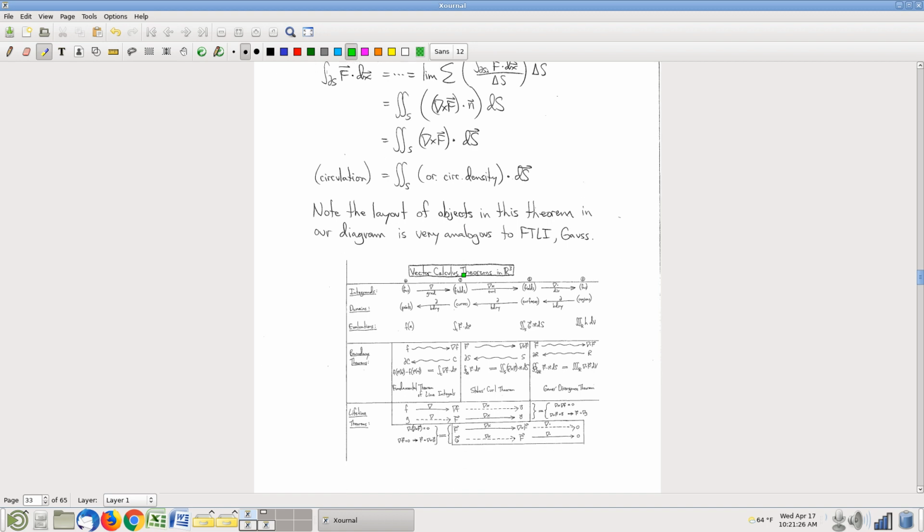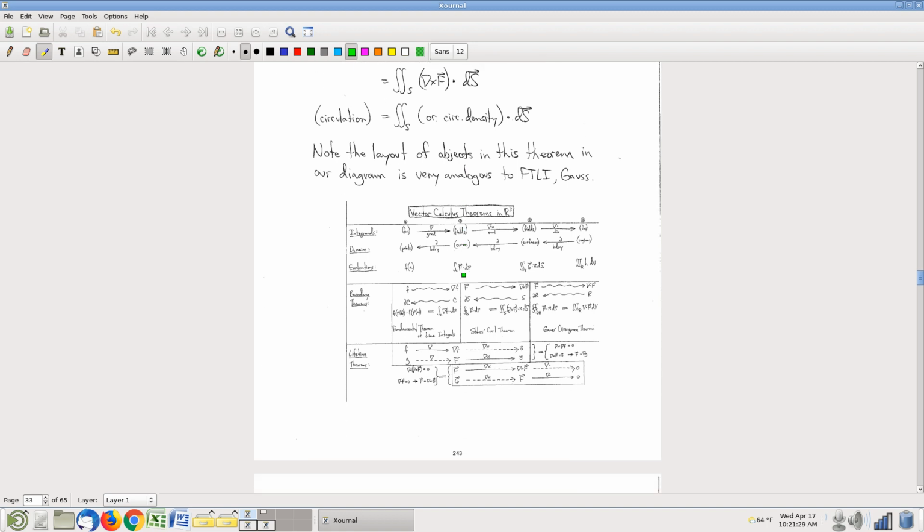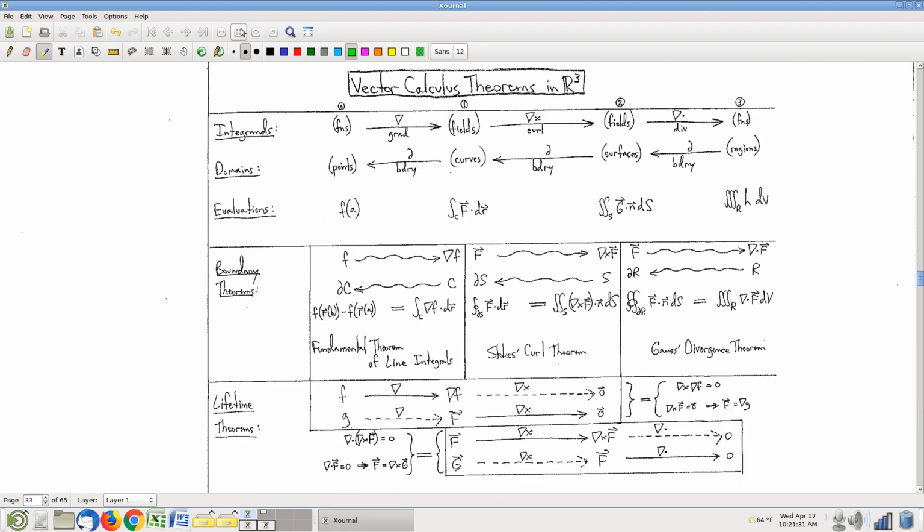Reminder again, we're talking about a pattern that continues to hold on this diagram. The fundamental theorem of line integrals says if you have a curve and you look at the boundary points, you have a function and you look at the gradient field, then that evaluation and that evaluation are the same. Gauss's divergence theorem says that if you have a solid and its boundary surface, a vector field and its divergence function, then that flux and that triple integral are the same.